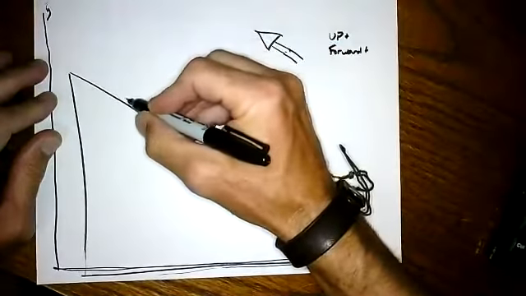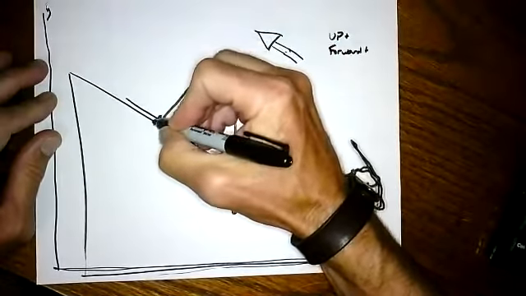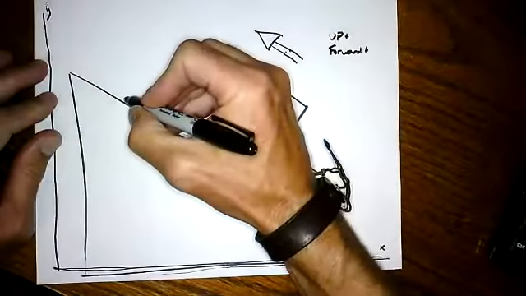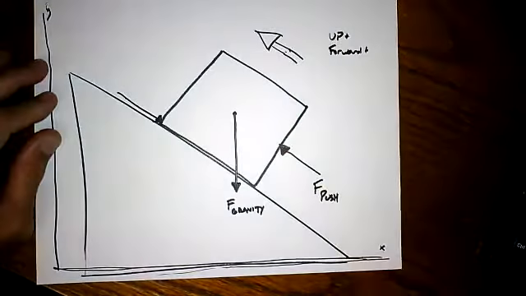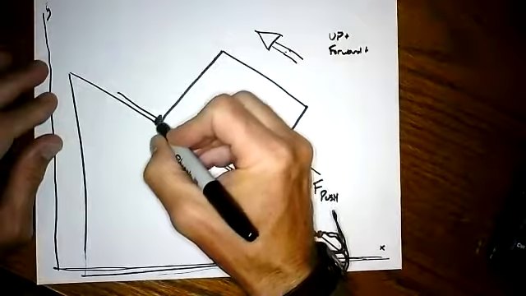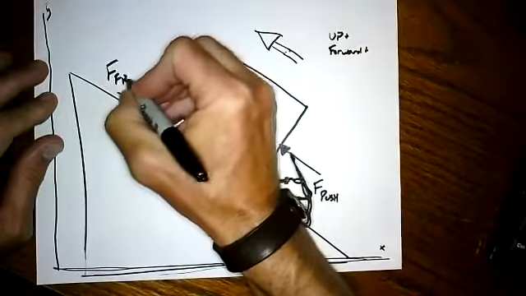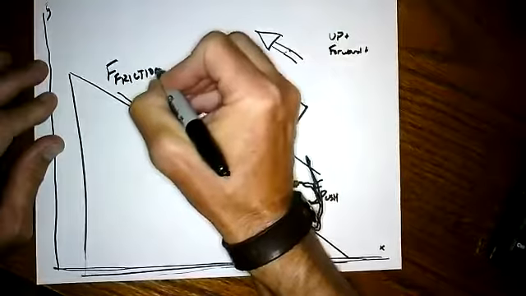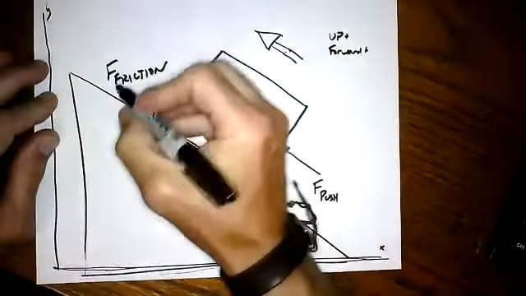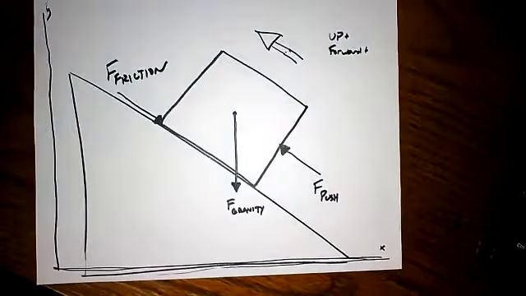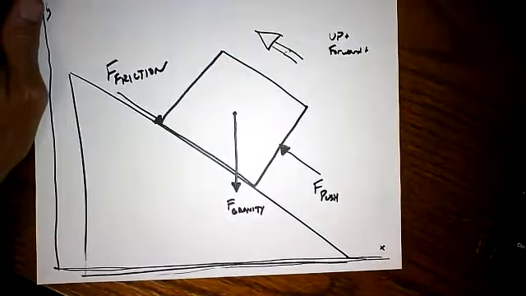And I can draw this whatever length I want, but I'm just going to draw it here, and I'll draw it the same length as that one. I think in some of the problems you folks turned in, you may have forgotten to include the friction force pushing back on the object. And we know that that's pushing against the object to slow the object down from moving upwards. It's opposing the direction of movement.